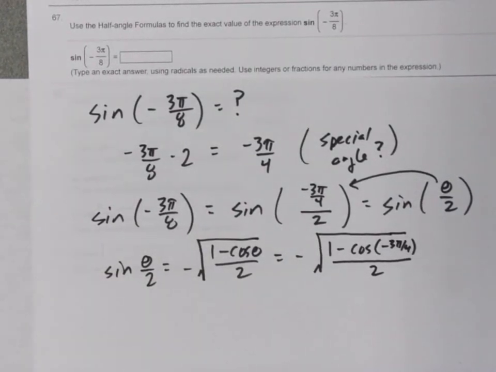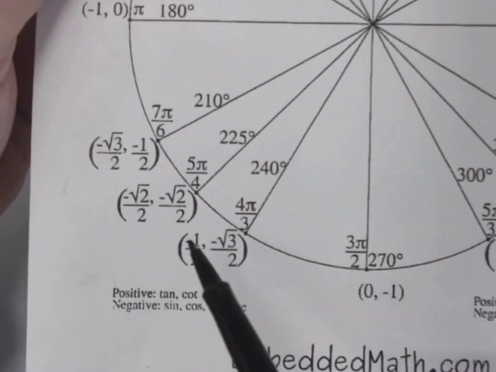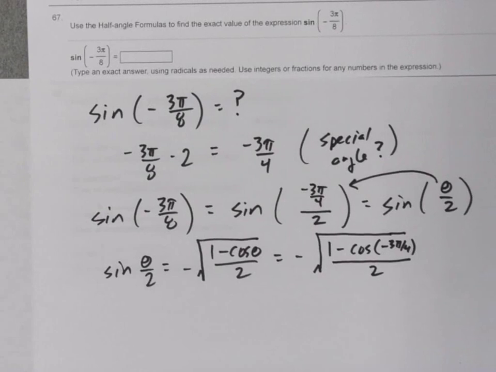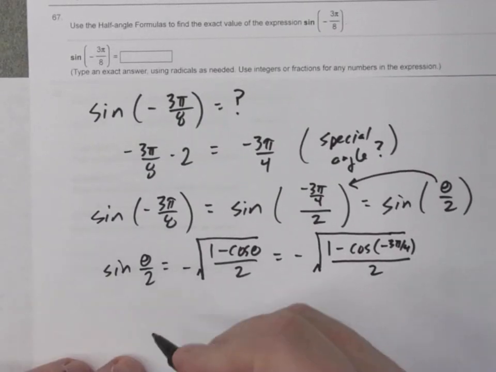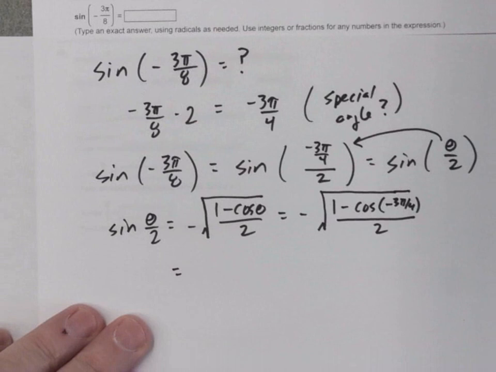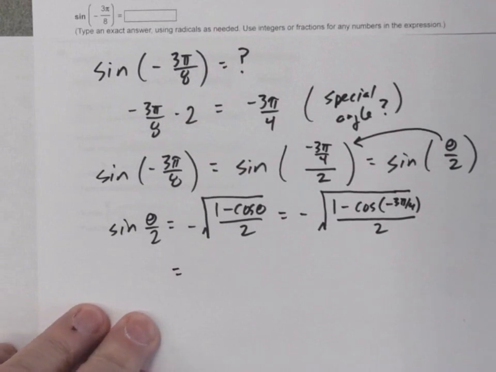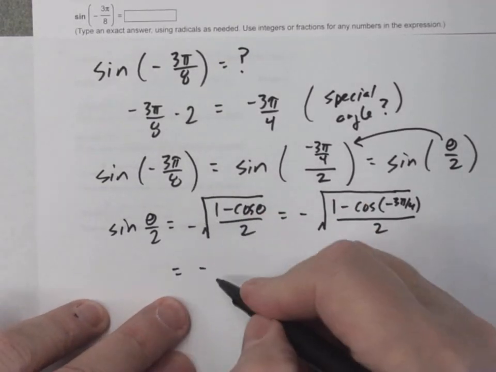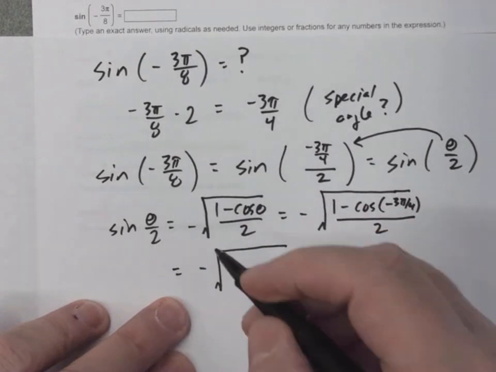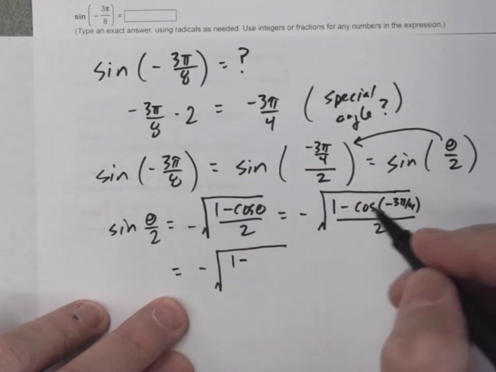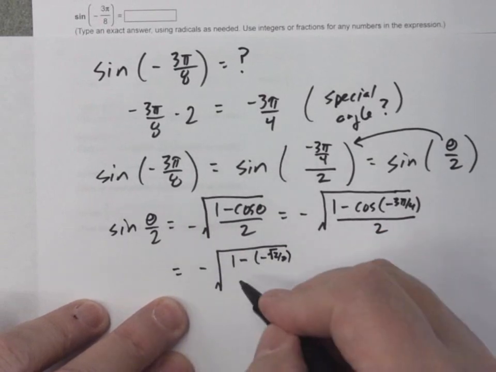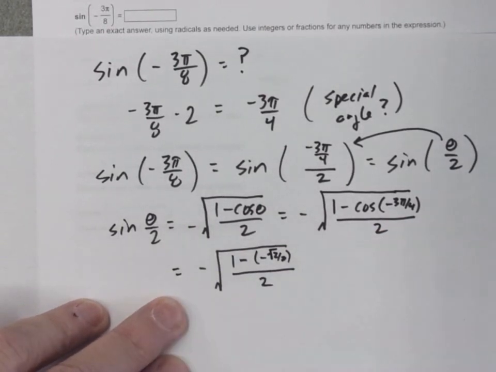So cosine of negative 3 pi over 4, I said a minute ago, is actually right here. So it's negative square root of 2 over 2. So I have a negative square root of 1 minus a negative square root of 2 over 2, all over 2.